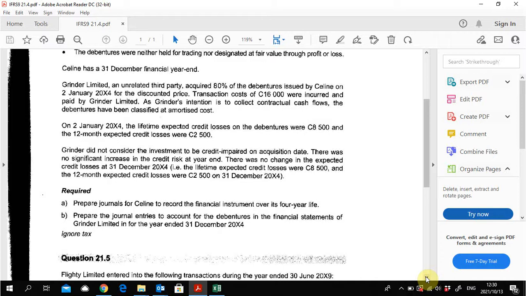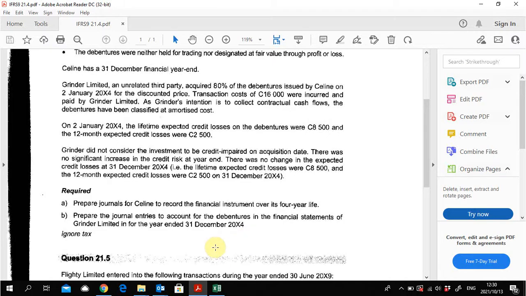So this required part is very important to read properly, because 4 years are required for A, but only the year ended December 2004 will be required for B. So I'm not going to spend a lot of time in required B also doing calculations for Grindr for 2005, 2006. That's just going to waste my time, and that's bad exam technique. But in A, I have to spend my time doing all 4 years of calculations because it is required by A.